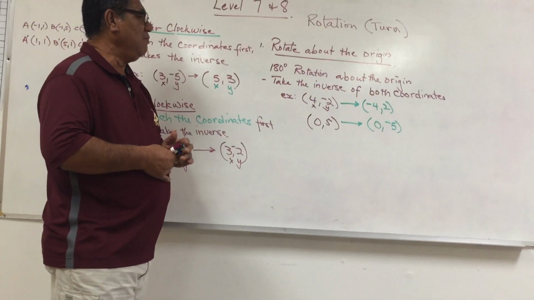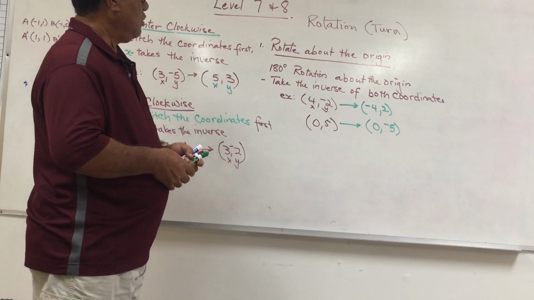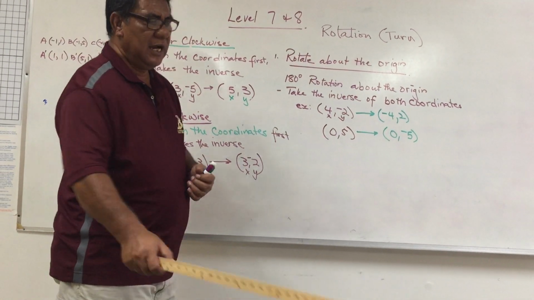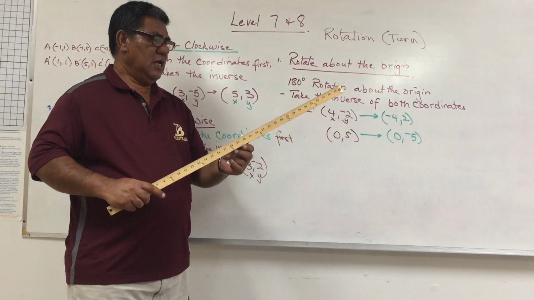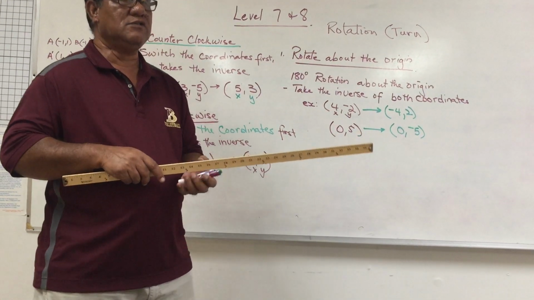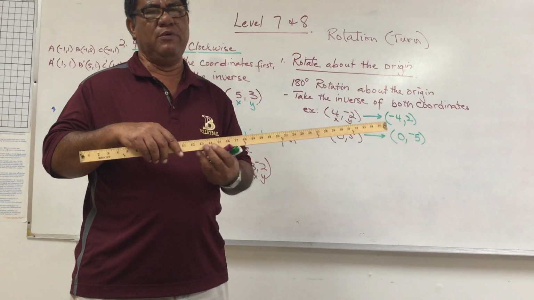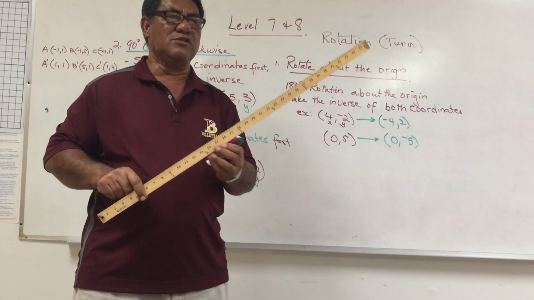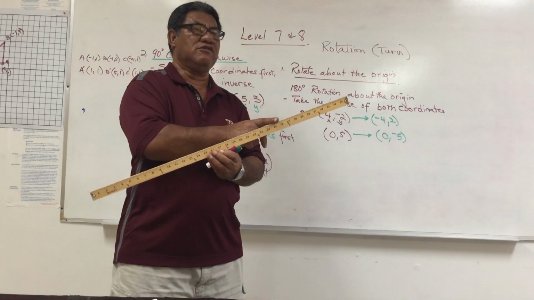So with the 180 degree rotation, you understand what 180 degrees looks like. We already covered a linear pair, it's a straight line, supplementary has to do with a straight line.